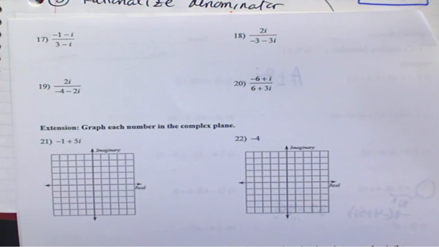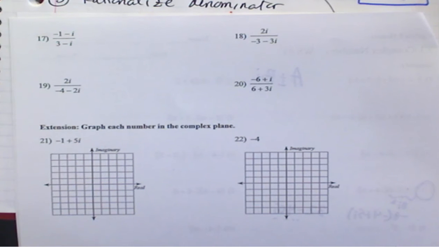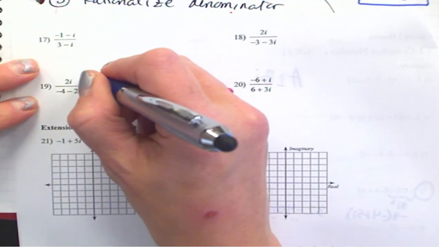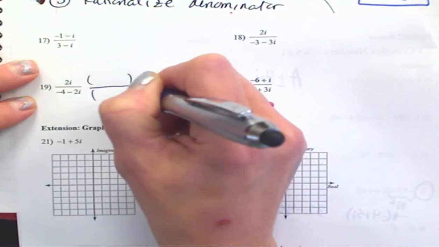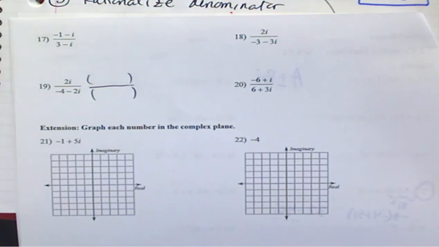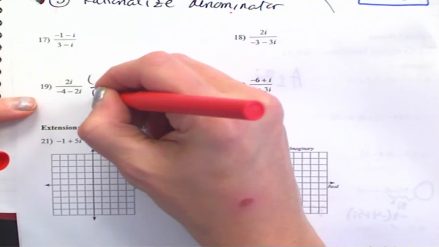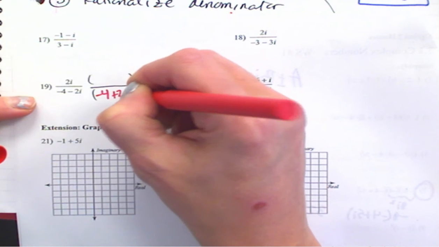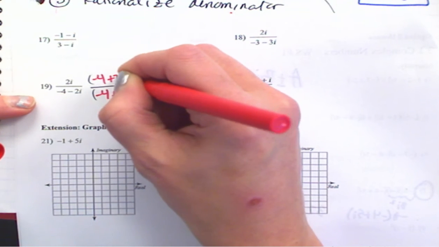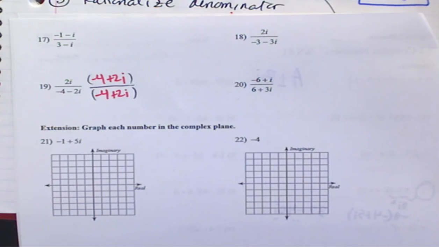Okay, so when I look at 19, I see all those coefficients are actually even. So I feel like I could reduce them, but I'll wait till the end. The tricky part about 19 is that you've got a leading negative. So my multiplicative identity is only going to change the sign on the imaginary part.